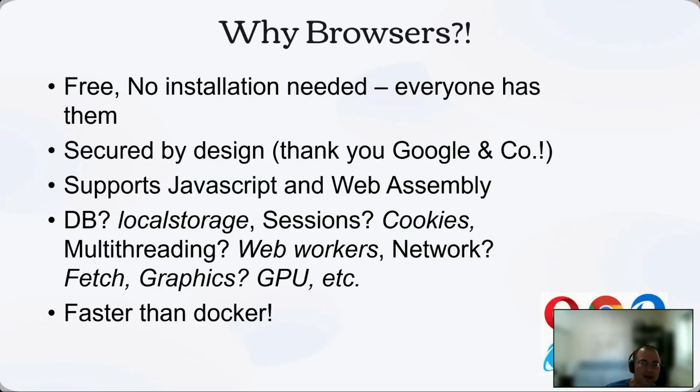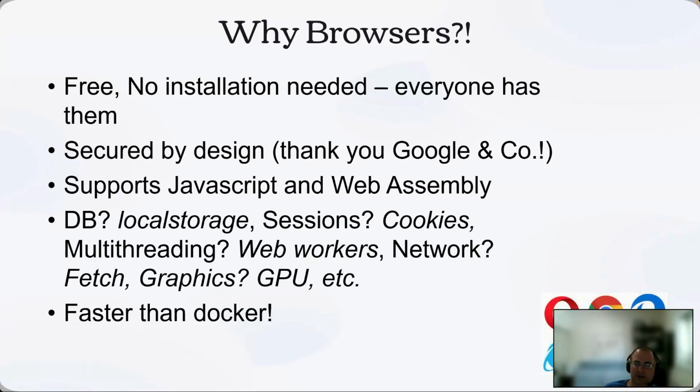And it also has a lot of APIs that you can use to build applications, not just a container like Docker. It has APIs for data storage and even an actual database inside. You can manage sessions, multi-threading, web workers, even APIs for running GPUs, right?